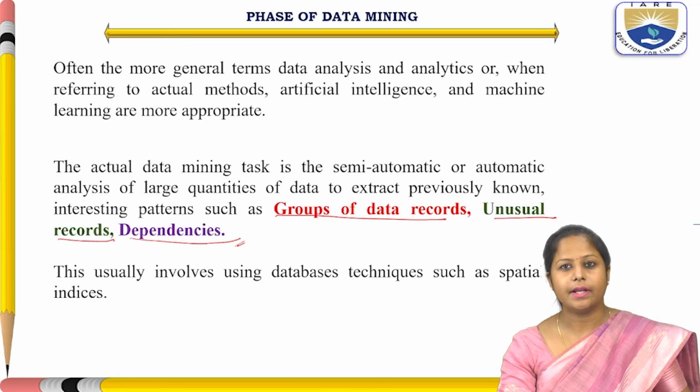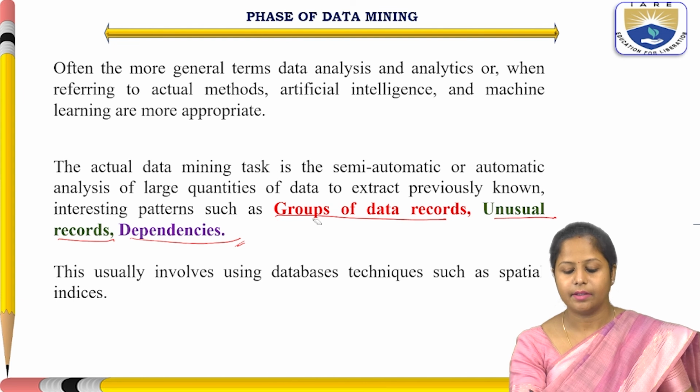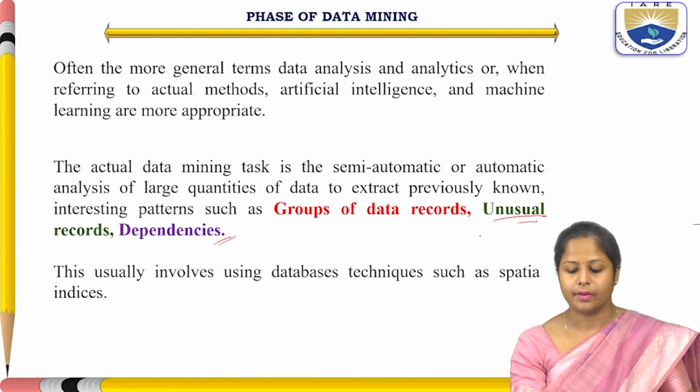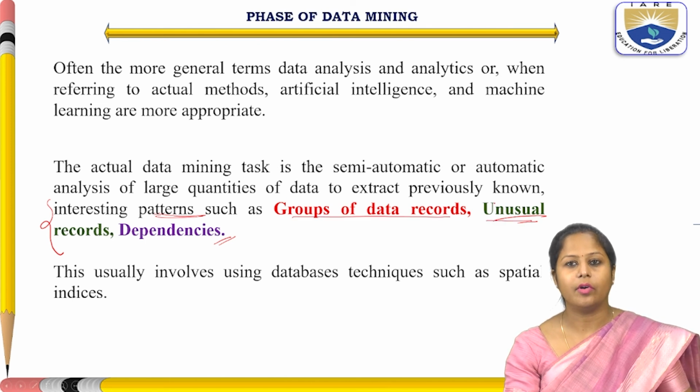That includes artificial intelligence and business intelligence. So the actual data mining task is the semi-automatic and automatic analysis of a large quantity of data to extract previously unknown interesting patterns, such as groups of data records, unusual records, and dependencies. So it is using only the interesting patterns. This usually involves using database techniques like spatial indices.